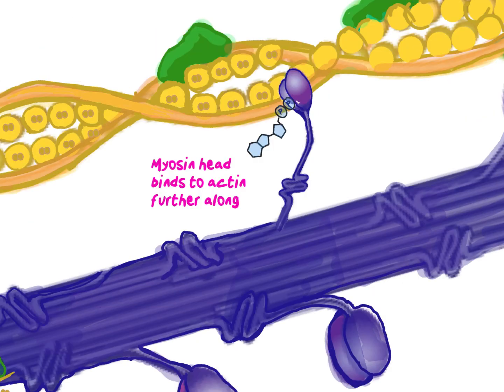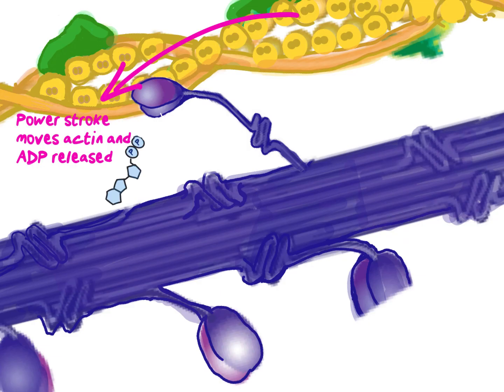So the myosin head will now bind to the actin further back along the actin filament. The energy in this cocked, sprung myosin head is then released into the power stroke we saw before, that drives the actin filament forwards. We can also see here that the ADP is now released.